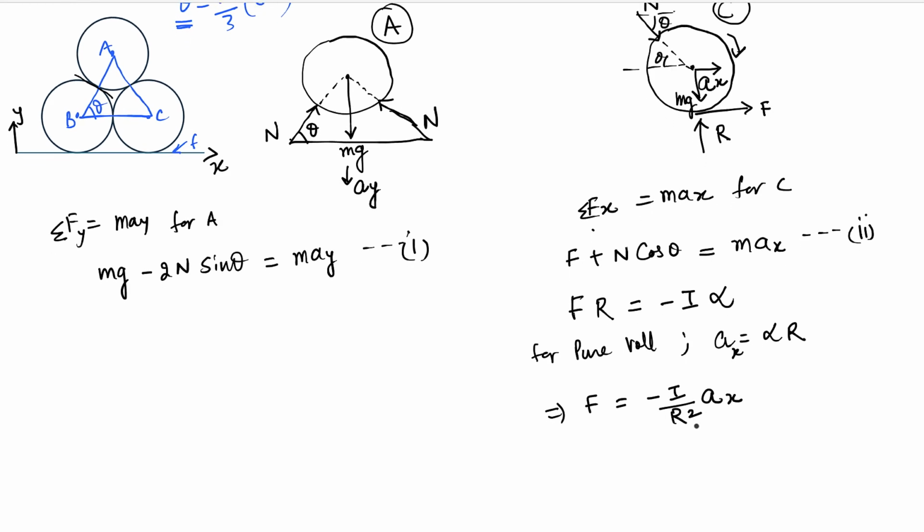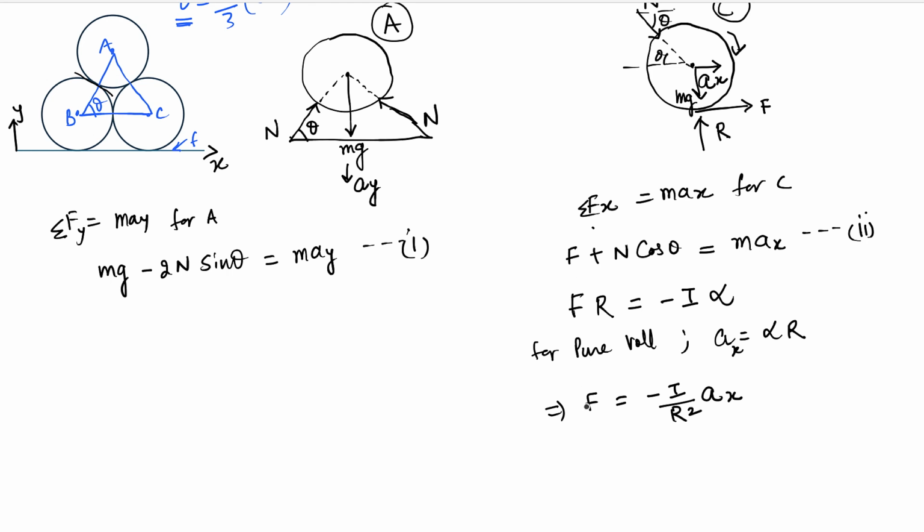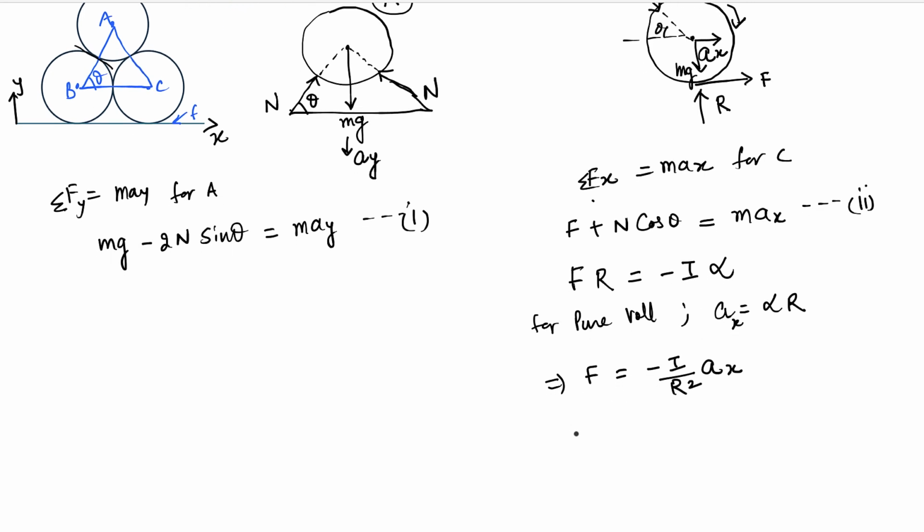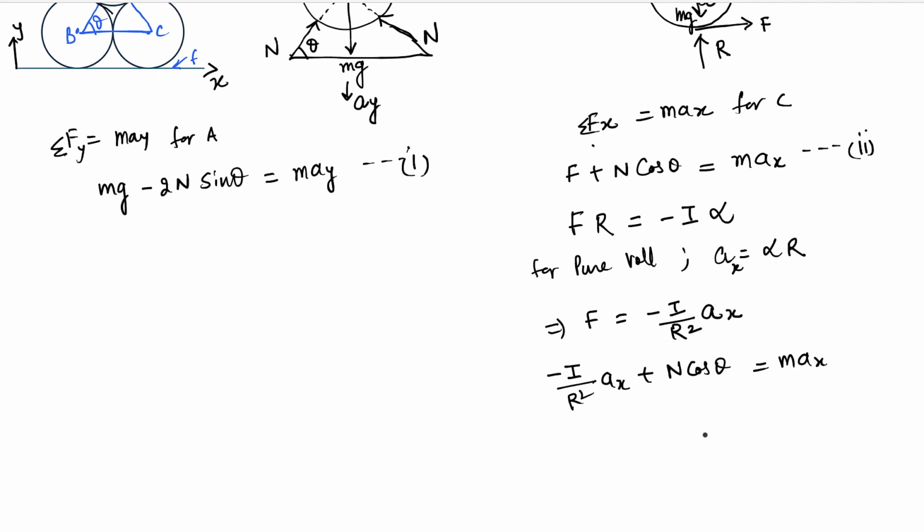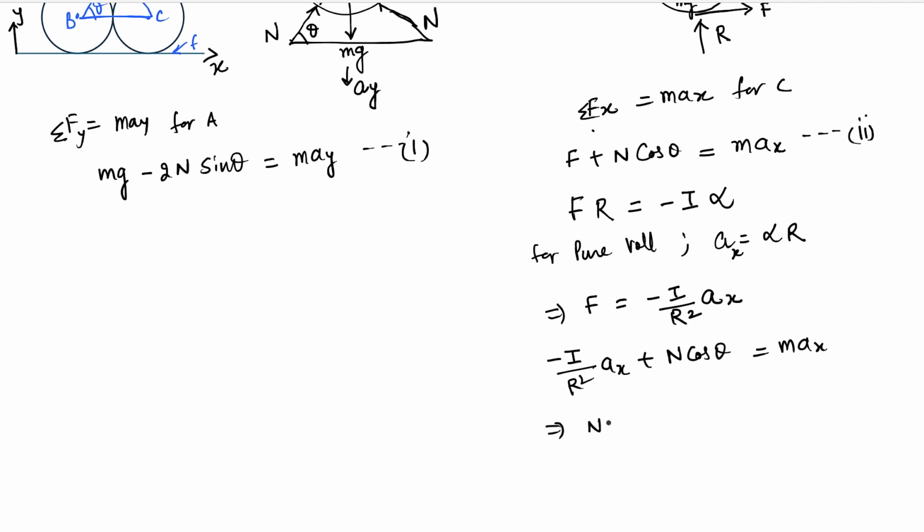Okay, and if we put F in equation 2, then it becomes minus I by R square ax plus n cos theta equal to m ax. So therefore n cos theta is m plus I by R square ax. And let's call this equation 3.